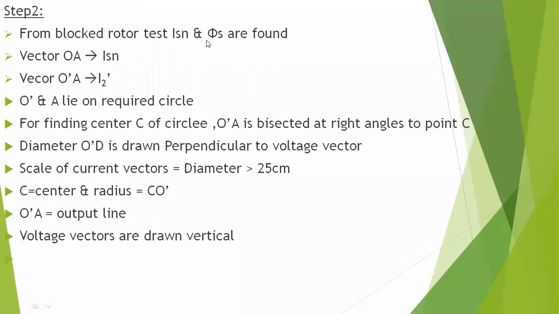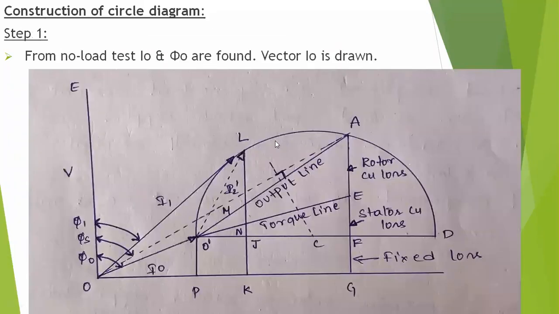Here the vector OA represents ISN. See here in the diagram, the dotted line OA represents ISN.